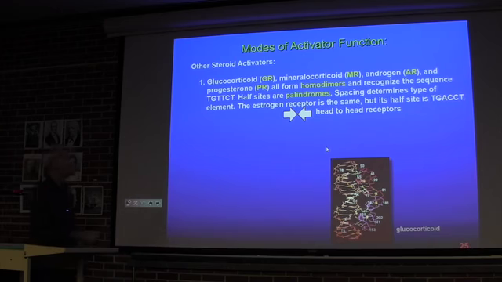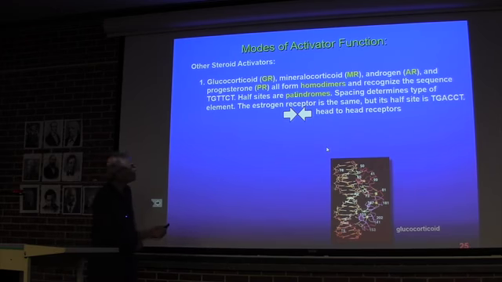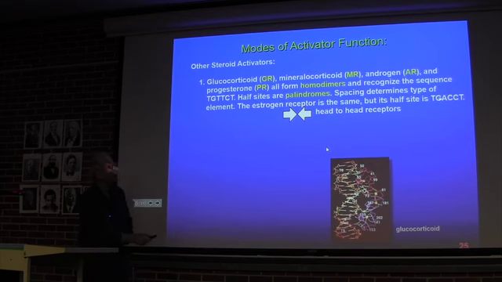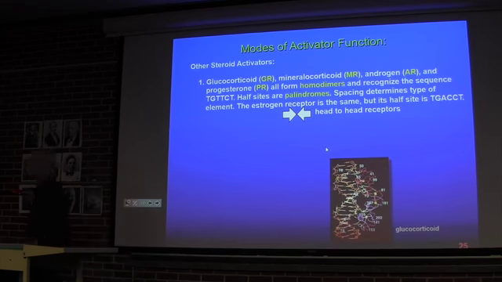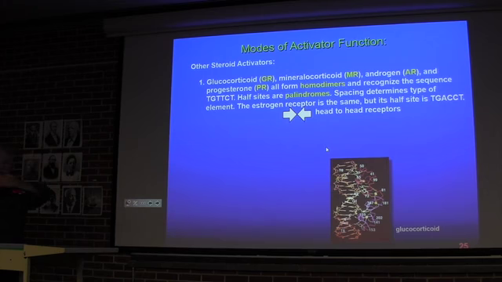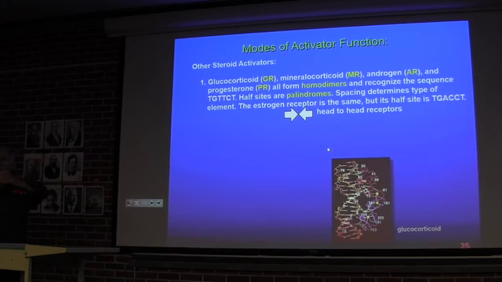That's it, androgen. With one exception, estrogen has a little bit of a variation of that binding motif here. So what's to know about that first class? Inverted repeat is what they bind, and specificity, for the most part, is determined by how close those inverted repeats are to each other, spacing.